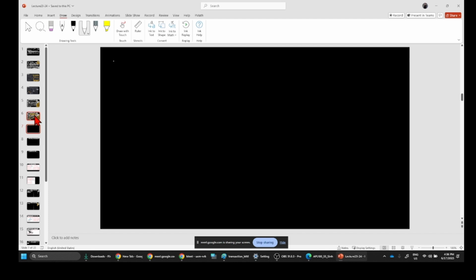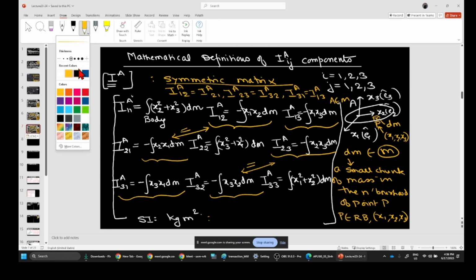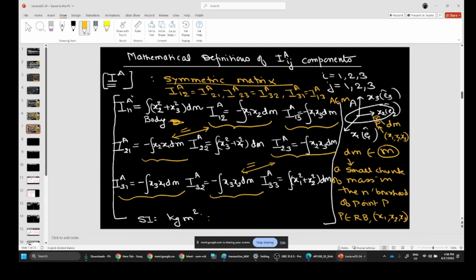In this matrix, there are three diagonal components. This is a diagonal component, DC. The numbers which appear on the diagonal of the matrix, we call them diagonal components.